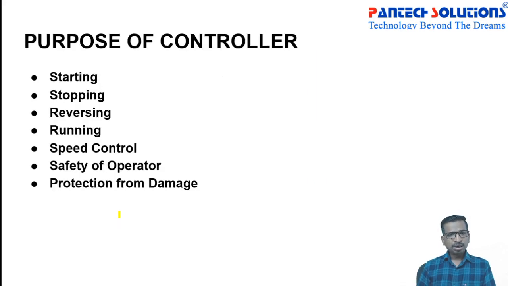And now, what is the motor control purpose? How was the motor control mechanism invented to achieve some specific reasons? So, to start the motor, similarly to stop the motor.